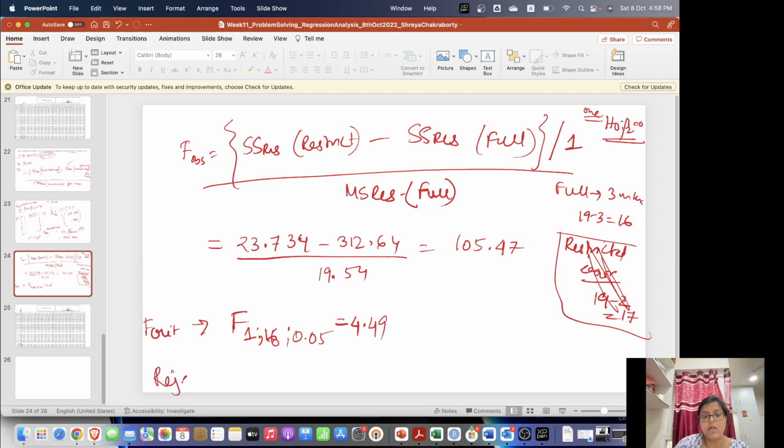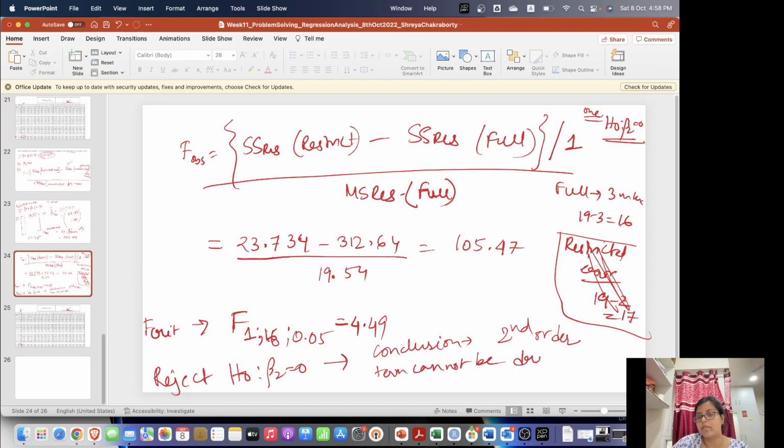So here also we will reject H naught, that beta 2 equal to 0, and so the conclusion is that the second order term cannot be dropped because it is highly significant in the presence of the first order term.